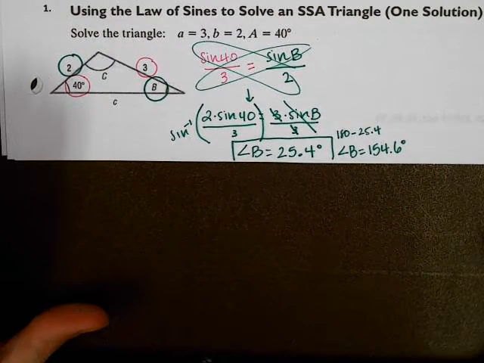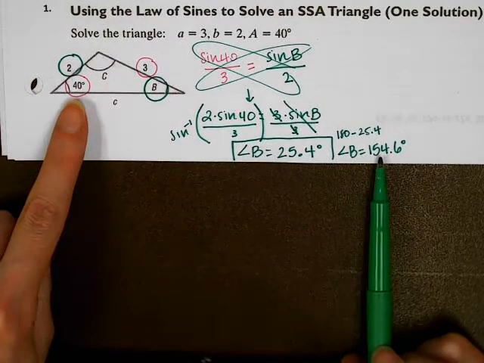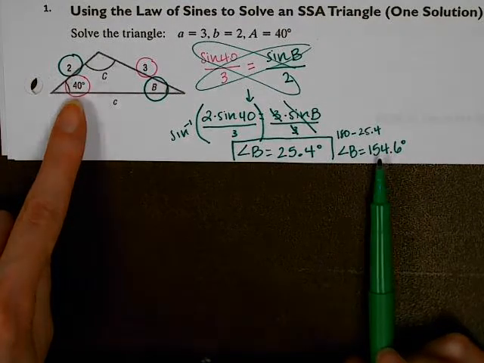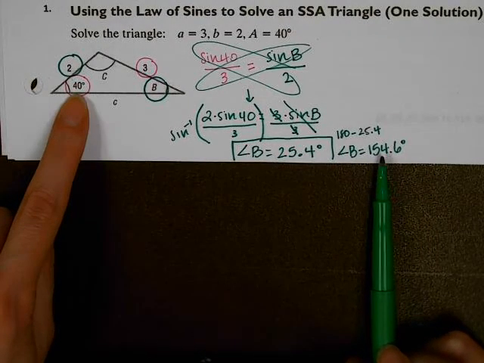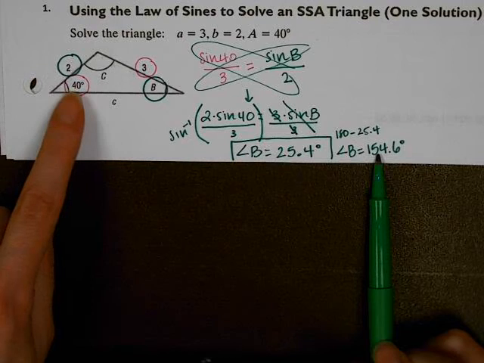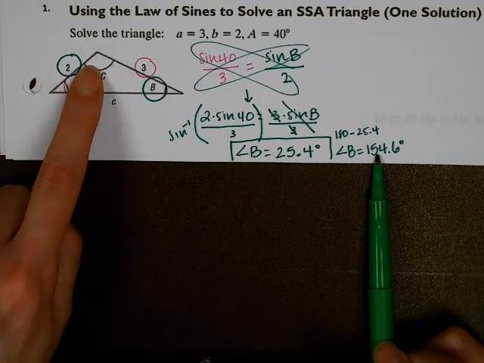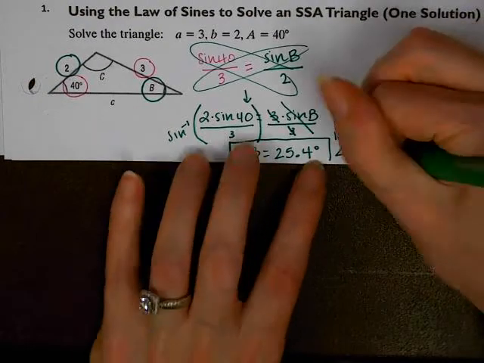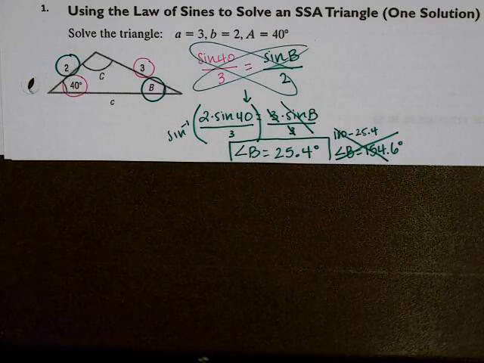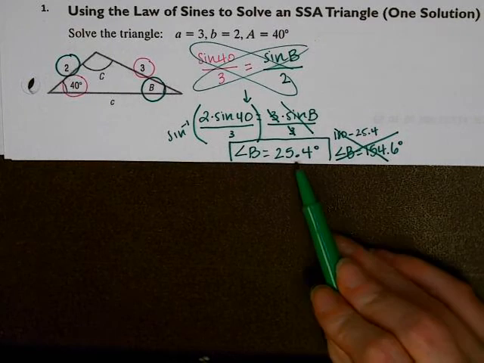But then you've got to see, could it be 154.6? And you would say no, because 154.6 plus 40 is already past the 180 degrees that a triangle is allowed to have, and we still need angle C. So if that isn't possible, then we know that we only have one triangle.